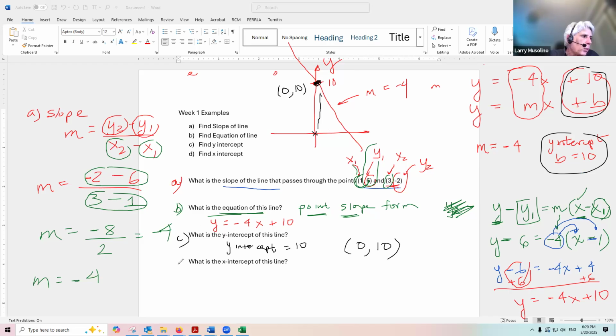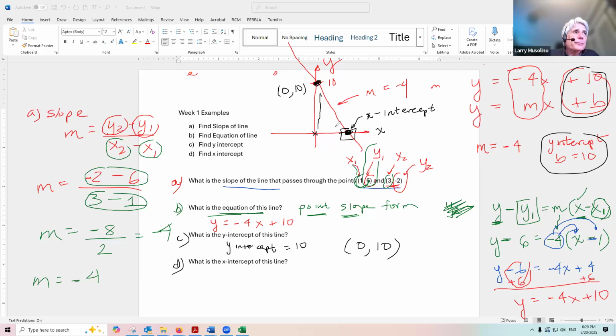One more question. What is the x-intercept? Well, the x-intercept is asking you, where does the graph cross this x-axis? So this point right here is the x-intercept. They're asking us to figure that out. Well, here's what I could do to figure out the x-intercept. This x-intercept, this black dot here, has a height of 0.